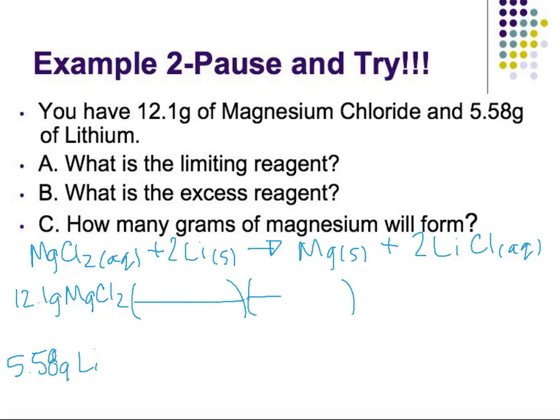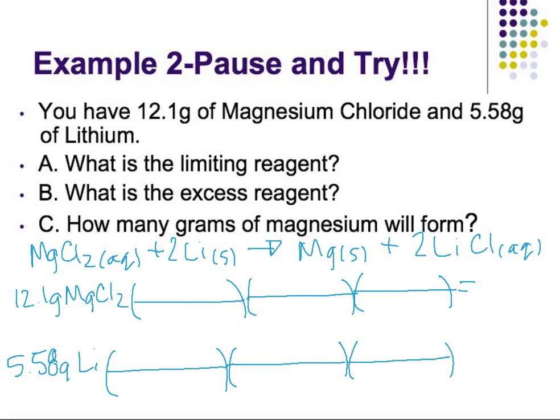Here we go. And we're turning both reactants into the same product. Which product are we interested in? Well, that is given in question C, right here, magnesium, because it says how many grams of magnesium will form.